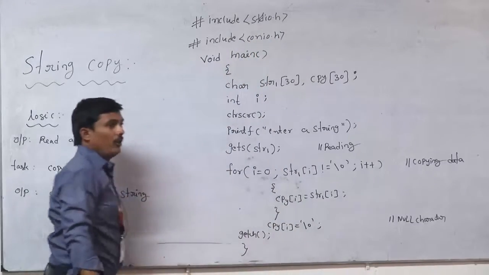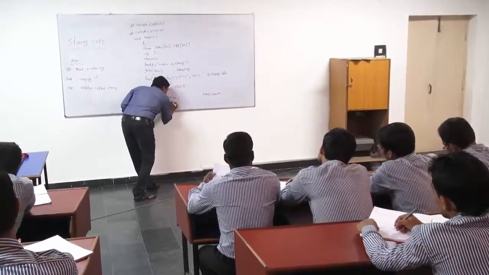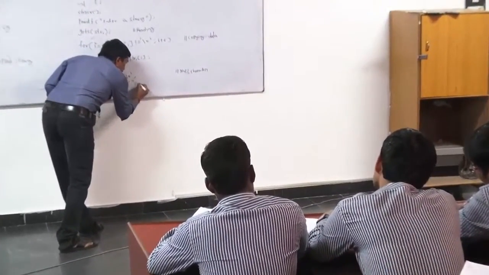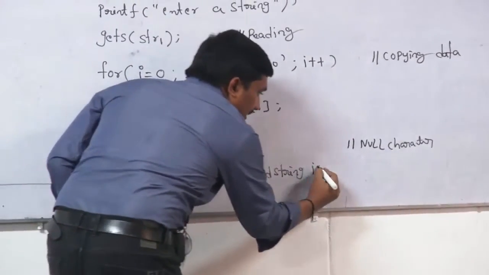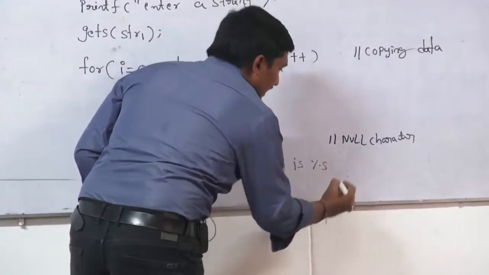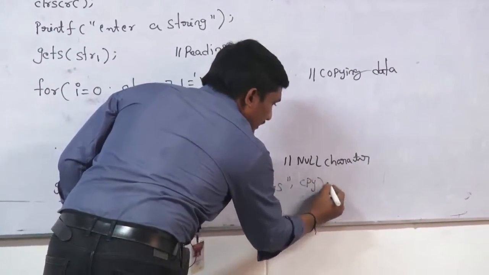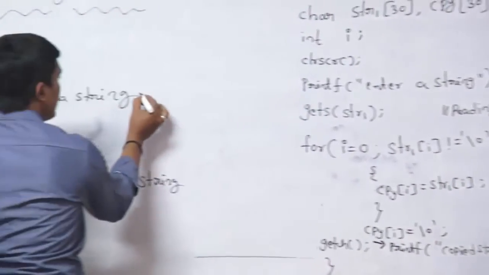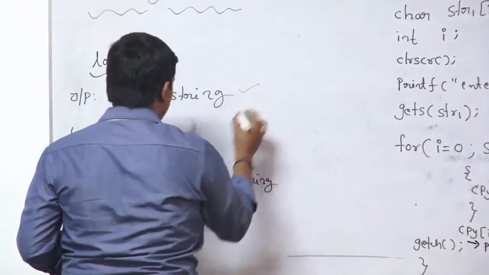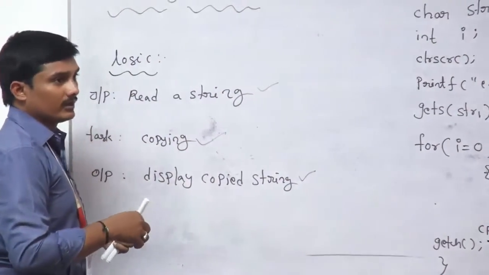Your job is over. You just add printf, copied string. Copied string is which one? %s, that is what? cpy. Your copied string name is cpy. So input is over, then copying is over, then displaying is over.